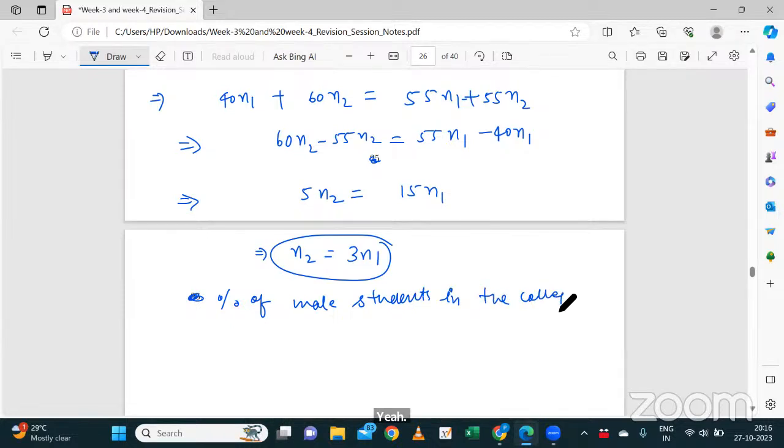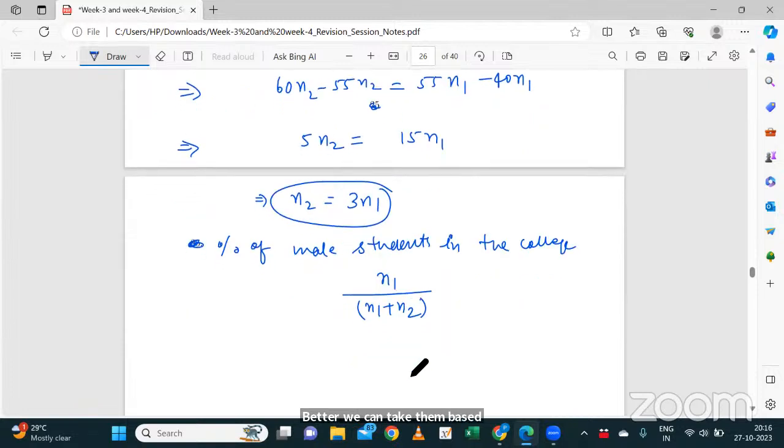I can simply take the number of males divided by the total number of students in the college, and to find the percent, I multiply it by 100. We know the value of N2 is nothing but 3 N1. So it will be N1 divided by N1 plus 3 N1, into 100.